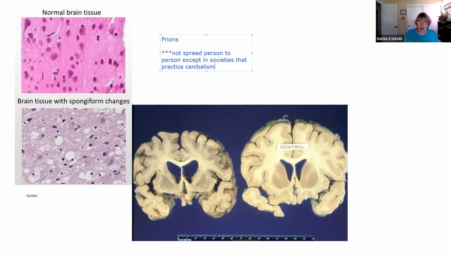So we tend to get freaked out about cannibalism in the Western world. A lot of societies practice ritual cannibalism of relatives who have died naturally as a way to absorb some of the characteristics of that person or their spirit or that sort of stuff. So we don't want to say that cannibalism is always a horrible thing, even though it makes us all go, ooh.